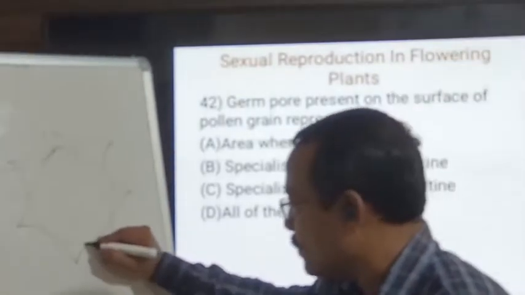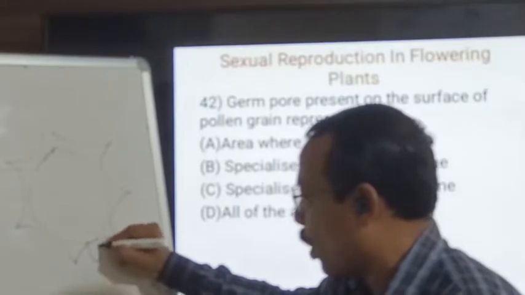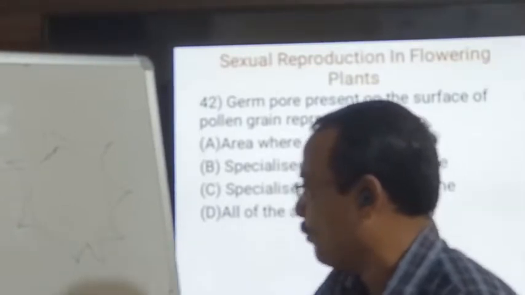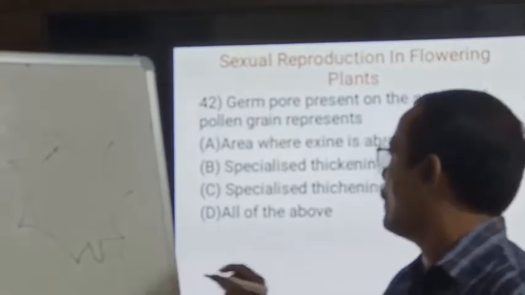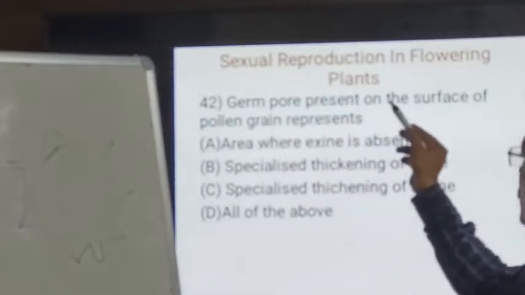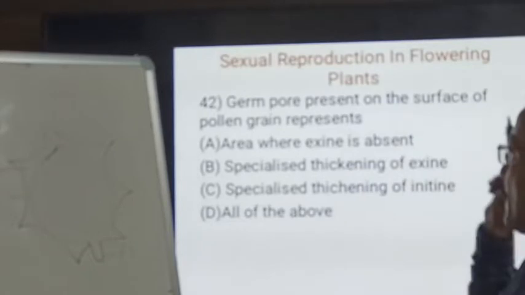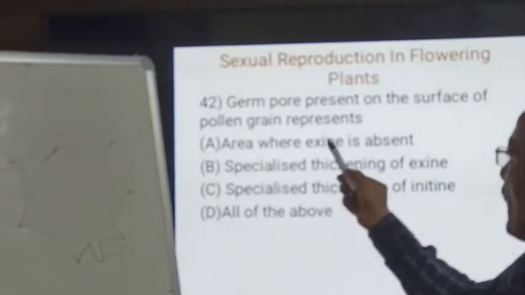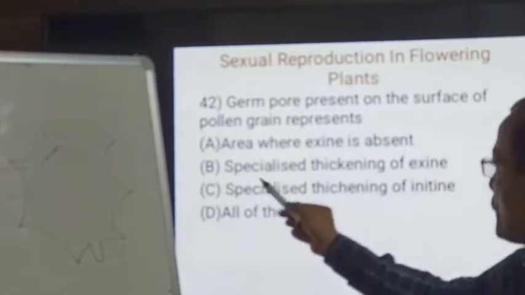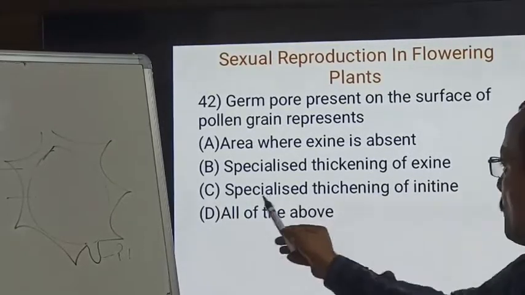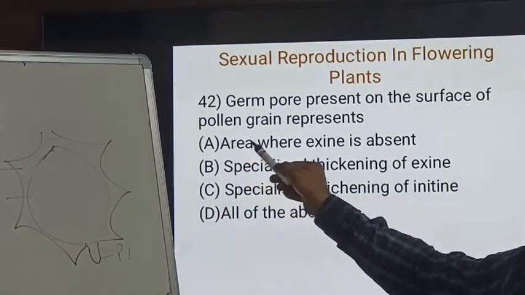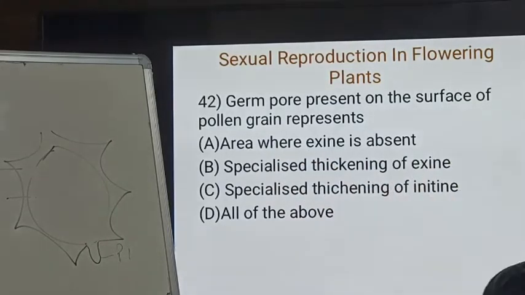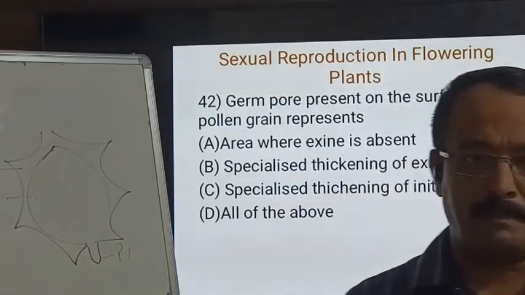Generally, the entire wall at the region of the germ pore bulges out to form the pollen tube. So here the question is, germ pores present on the surface of the pollen grain represent: area where exine is absent, specialized thickening of exine, specialized thickening of intine, all the above. The answer is option A, area where exine is absent. Next.